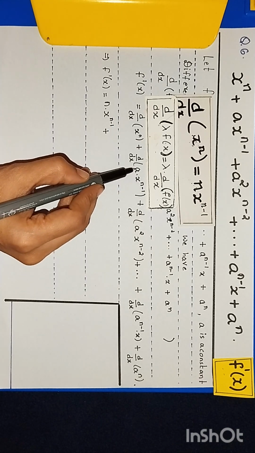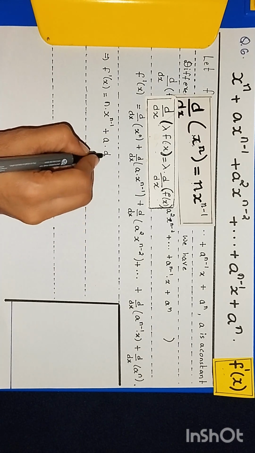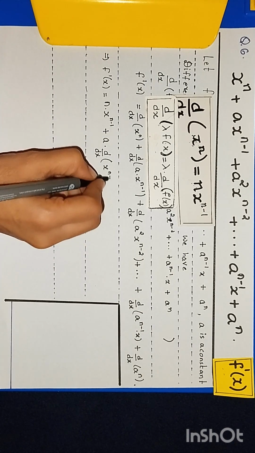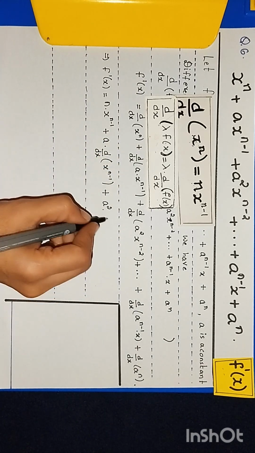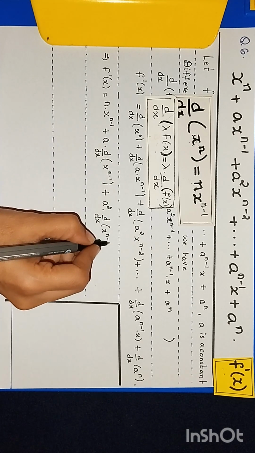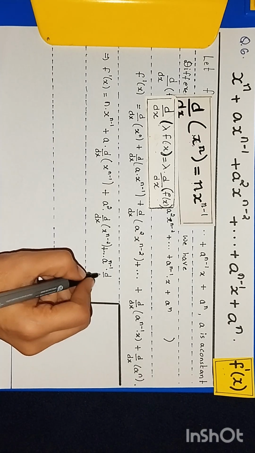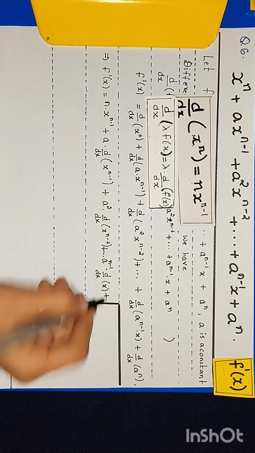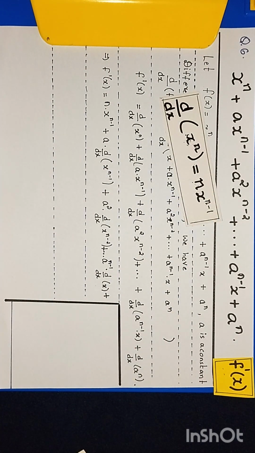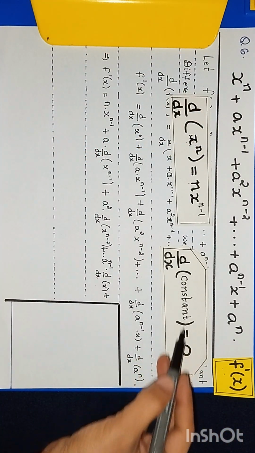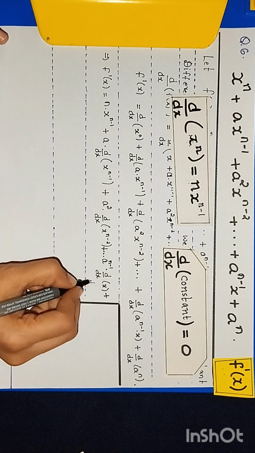Here a is a constant and x to the power n minus 1 is a function, so we will bring a outside and write d by dx of x to the power n minus 1, plus the same thing for a square, d by dx of x to the power n minus 2, plus a to the power n minus 1 into d by dx of x, plus d by dx of a to the power n, which is the derivative of a constant. The derivative of a constant is 0, so we will write plus 0.